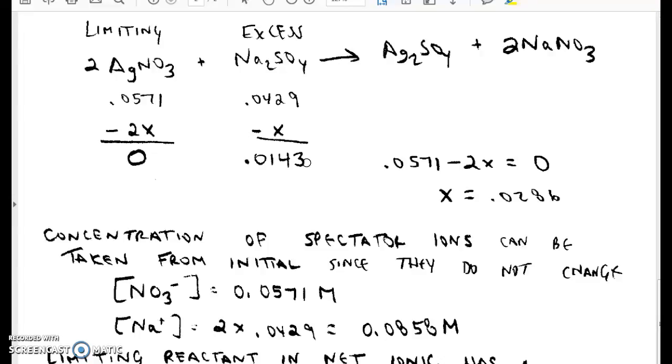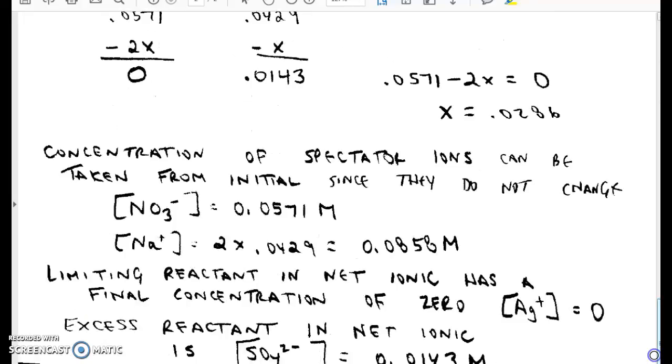So since I started with 0.0429 molarity of sodium sulfate and I used up 0.026286 molarity of sodium sulfate, that means that after the reaction takes place, after the precipitation occurs, I will still have a molarity of 0.0143 of the sulfate ion after the reaction.